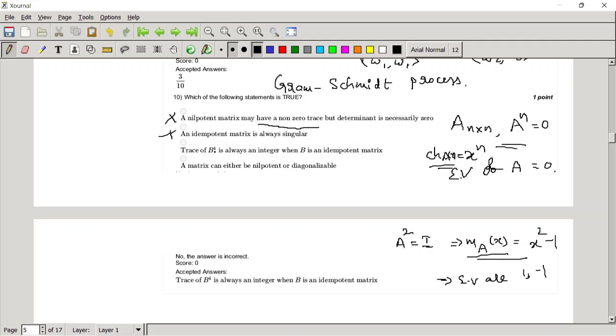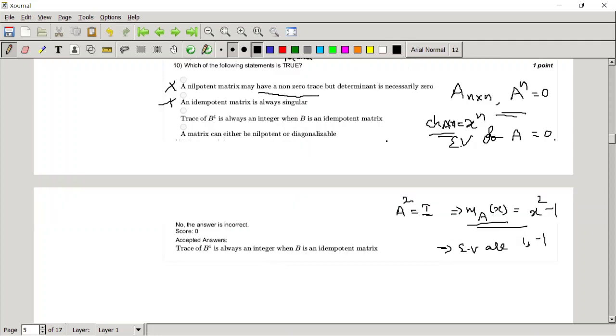The third option is that the trace of b power 4 is always an integer when b is an idempotent matrix. Similar to the second option, whenever b is idempotent, the eigenvalues are 1 or minus 1 for the corresponding b. But for the matrix b power 4, the eigenvalues are always 1.